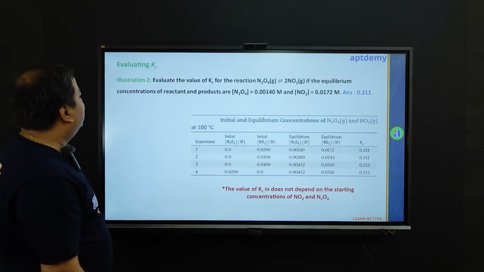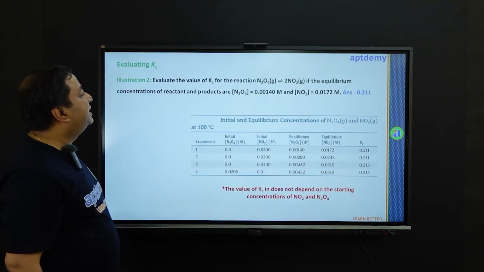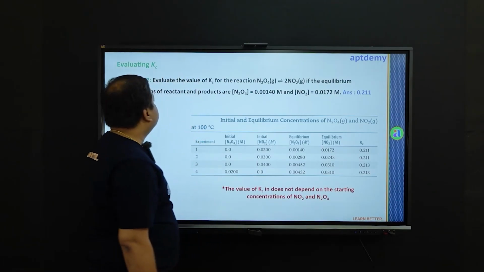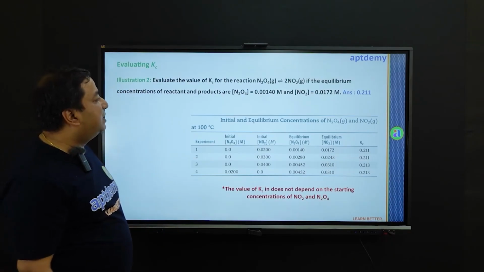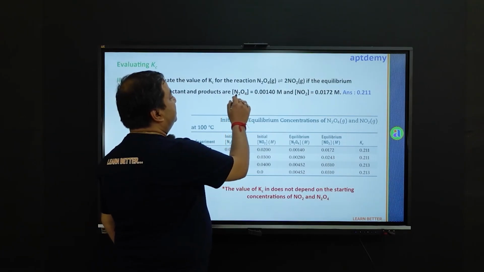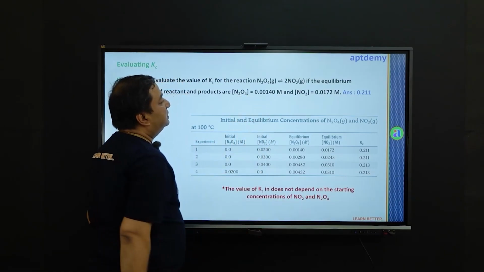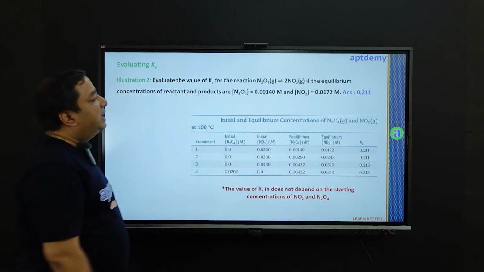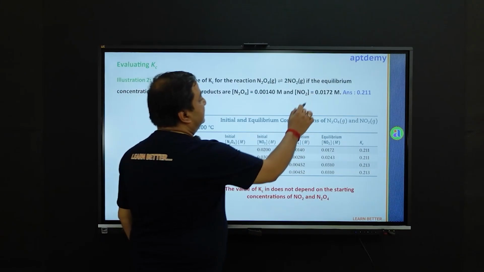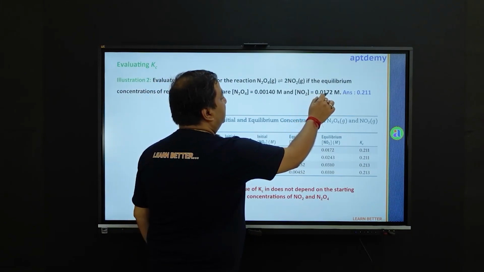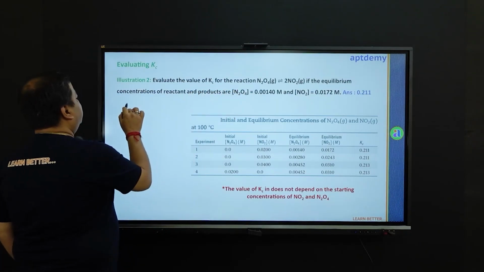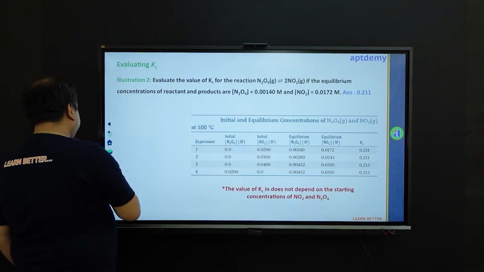Evaluating Kc. Illustration 2. Evaluate the value of Kc for the reaction N2O4 gas going to 2NO2 gas, if the equilibrium concentrations of the reactant and the products are given. That is, the concentration of N2O4 equals 0.00140 molar and that of NO2 is 0.0172 molar. So for the above reaction we have to calculate Kc.